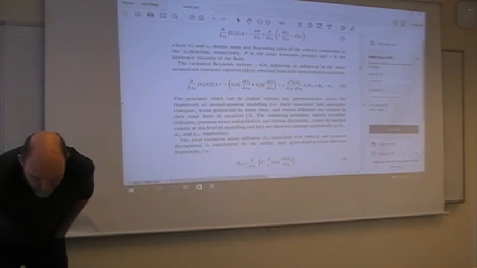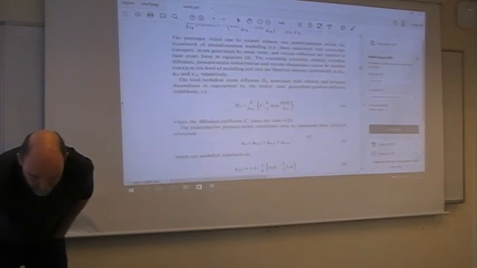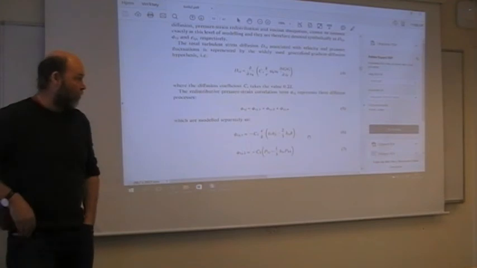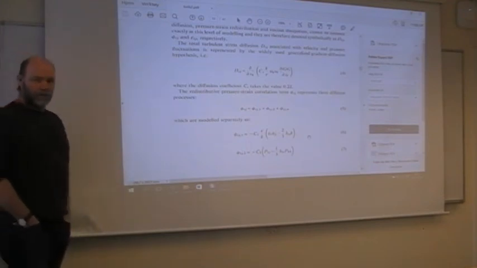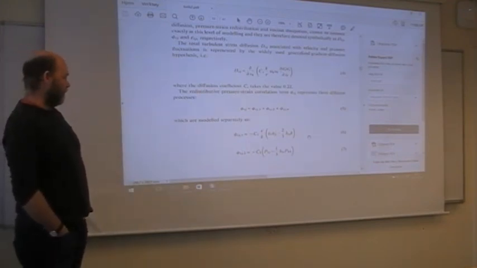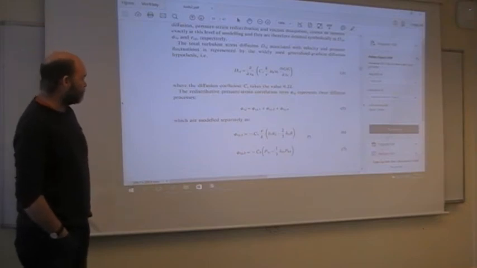So here it's a two-dimensional case, so it's not that hard, but still you have a lot of unknowns for different Reynolds stresses that have to be given their own transport equations.